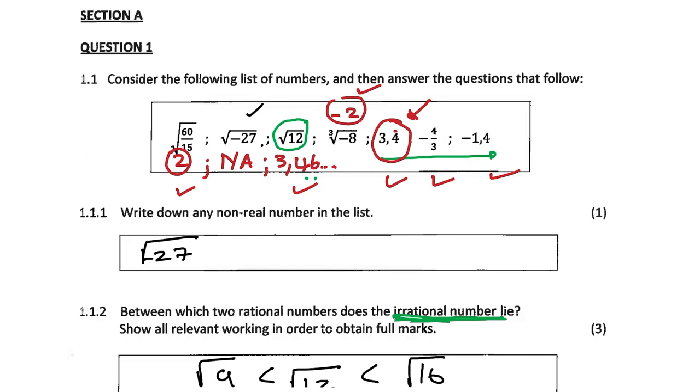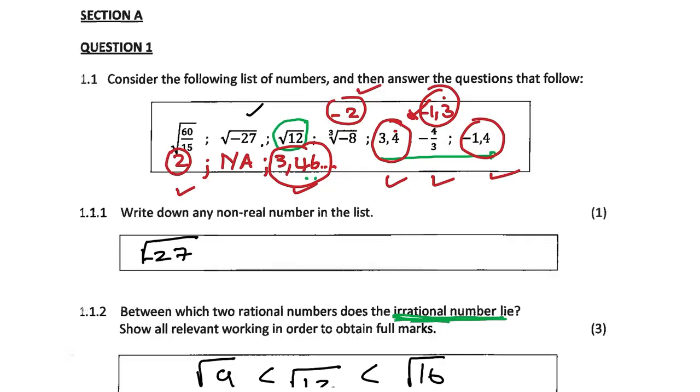But if we look at this, 3.46 is really closest to 2. And also this value here, let me just say negative 4 over 3, is the same thing as 1.3 recurring. 1.3 recurring is really close to this.